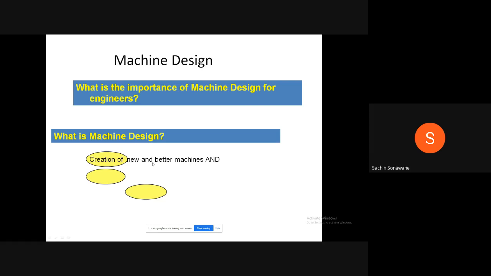Creation of new and better machines and improving existing ones so that it is economical in the cost of production and operation.